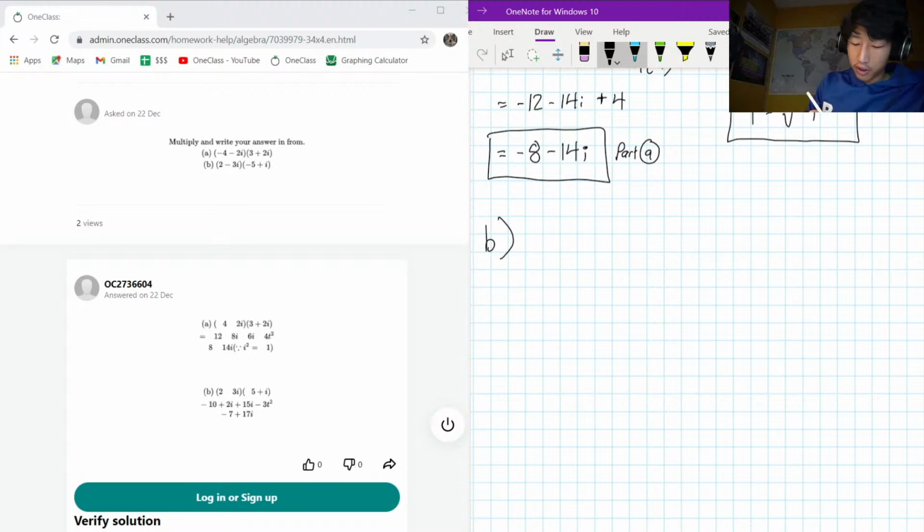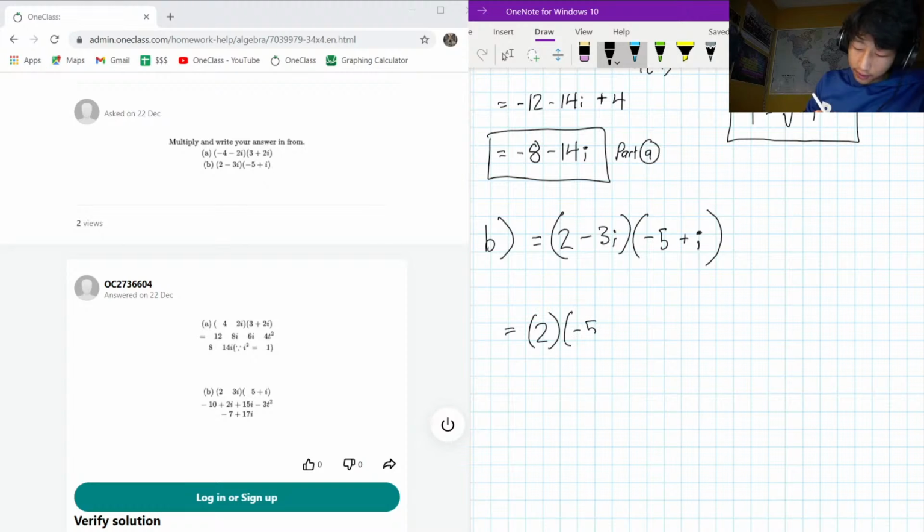So here we have positive 2 minus 3i. Multiply that term with negative 5 plus, oh well, just i on its own. Okay, so following the same procedure, just to be a little bit more quick, I'll skip the color coding.